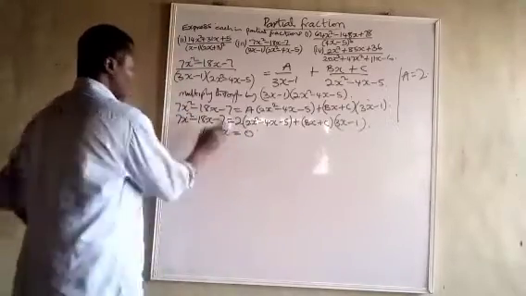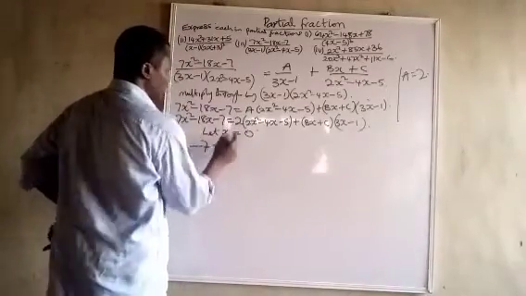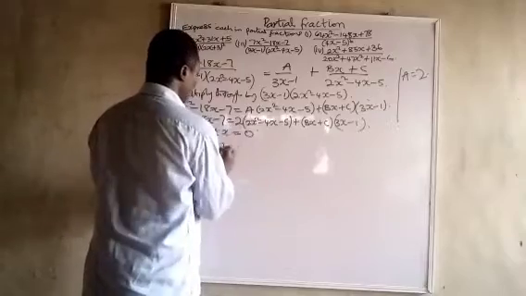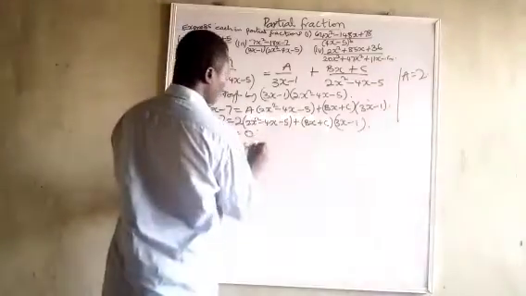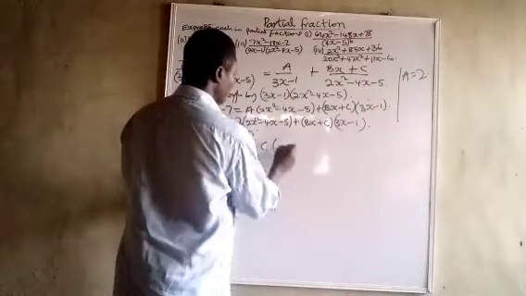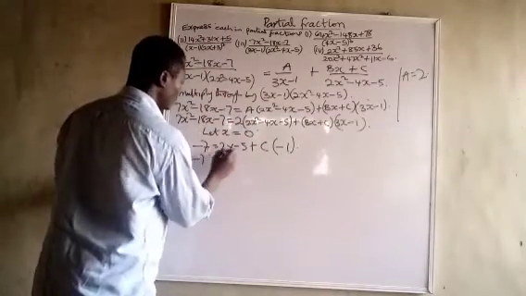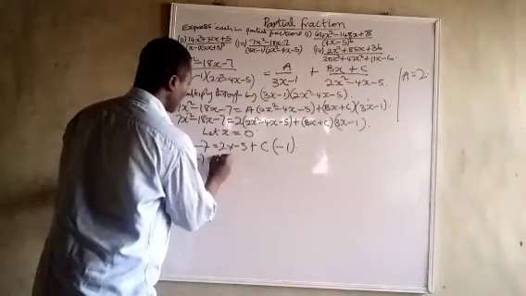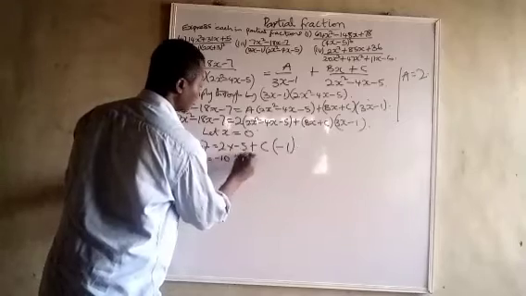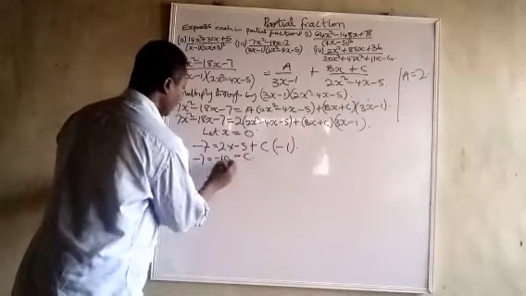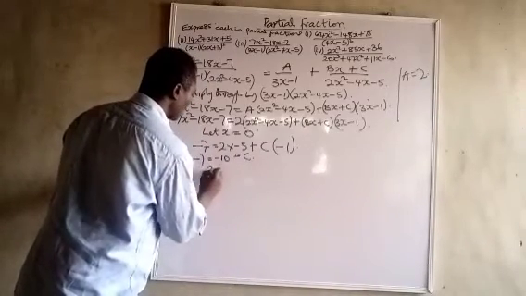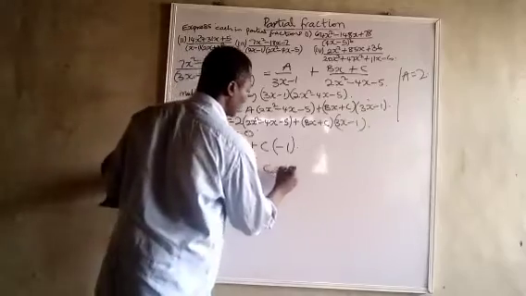So that will make me have minus 7 on this side. This one is 0. So 2 times minus 5 plus this one is 0 already, c into minus 1. So I can say minus 7 equals minus 10 minus c. Therefore, adding 10 to both sides, I have 3 equals minus c. Therefore, c equals minus 3.